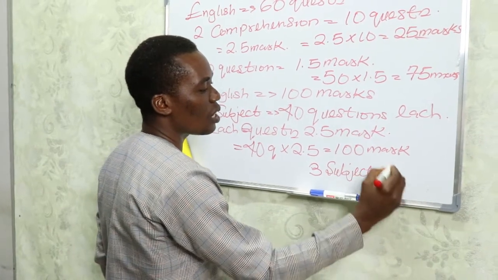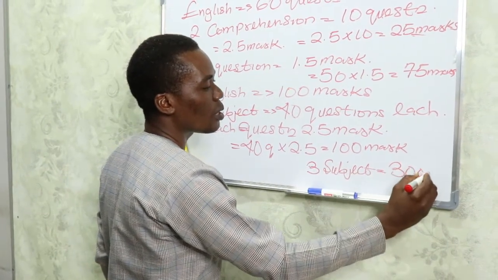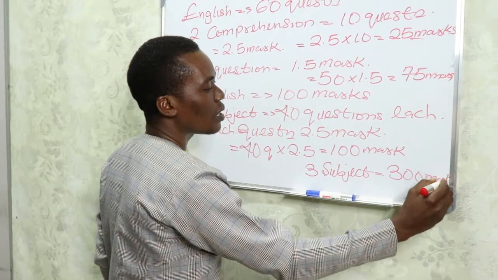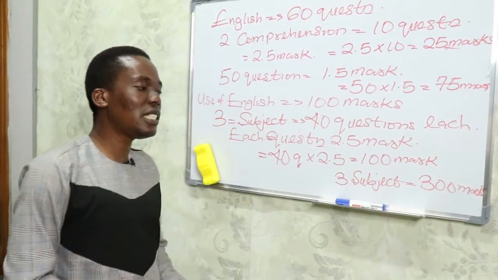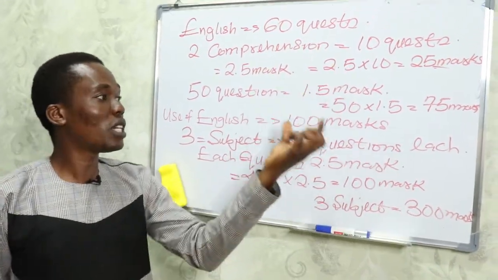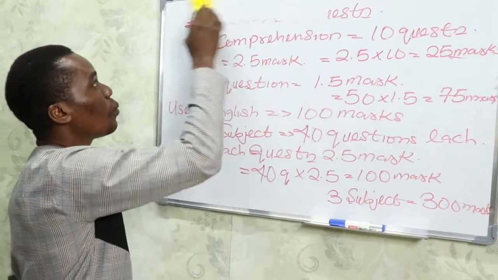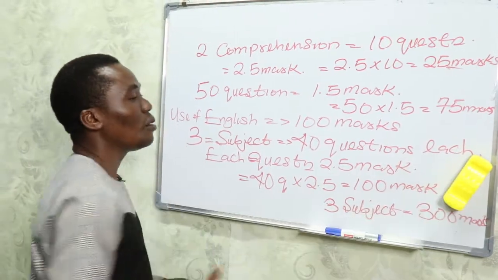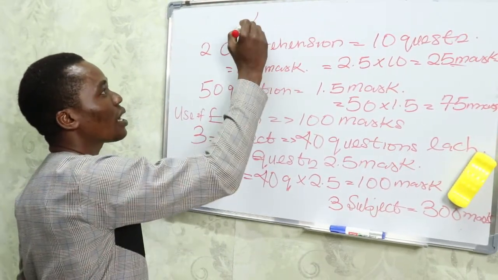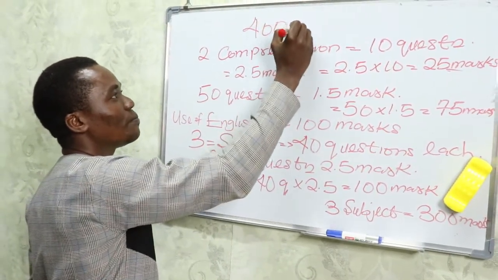So if you calculate all of them, the 3 subjects will give you a total of 300 marks. Now, when you add this 300 marks to the 100 marks you'll be getting for English, that is how Jamb always comes about the 400 marks you see in Jamb.